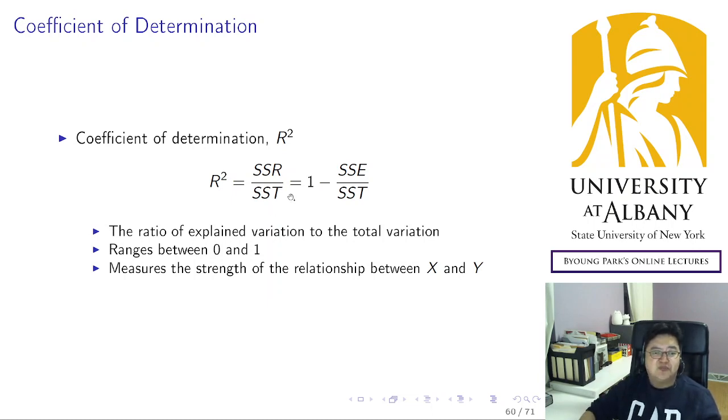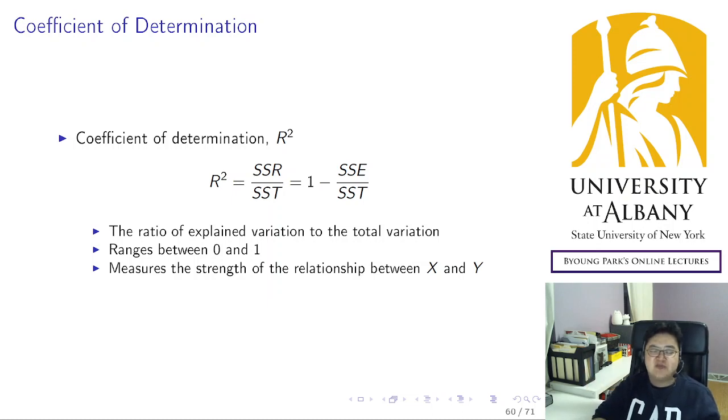Obviously the sum of squares are positive, so it is always between 0 and 1. Usually 0 means 0% is explained, 1 means 100% is explained. So in practice, you will see somewhere in between 0 and 1.